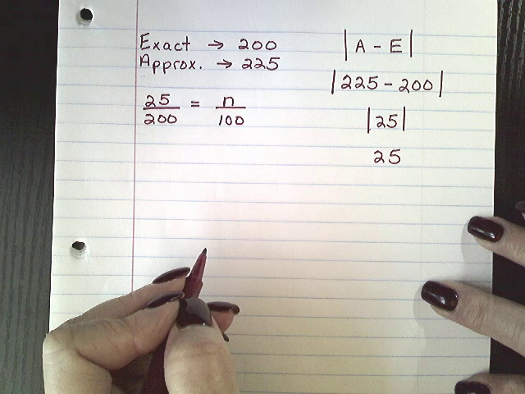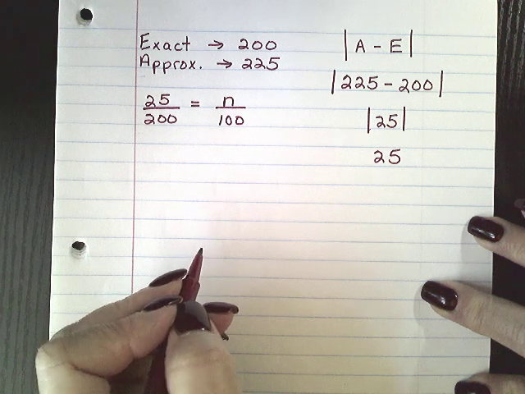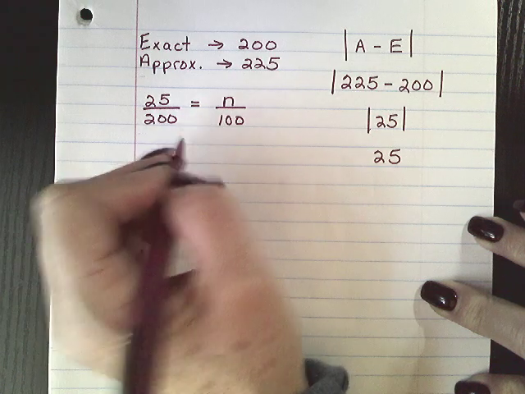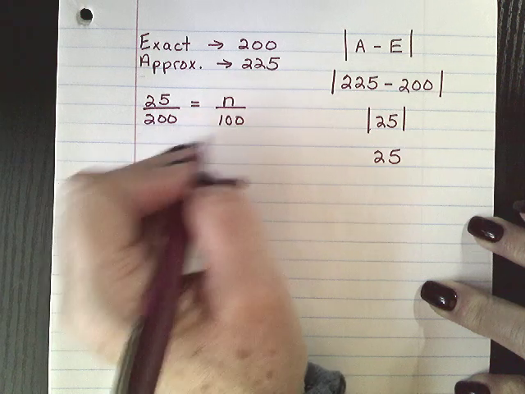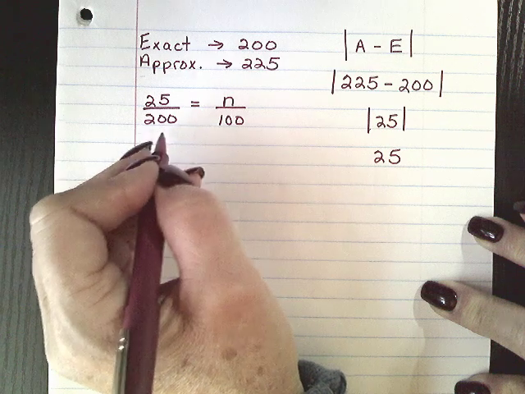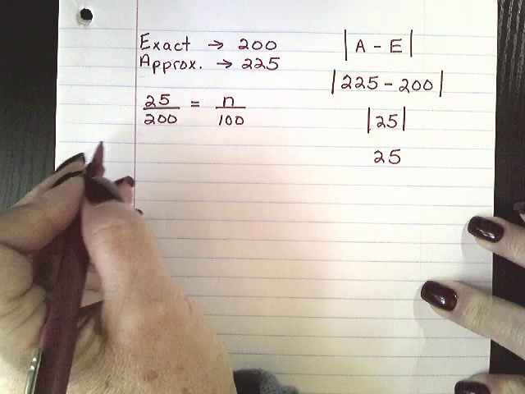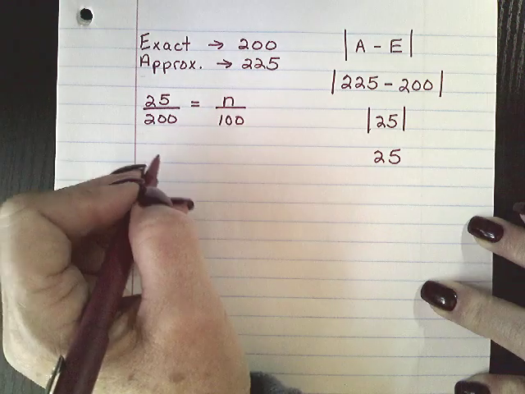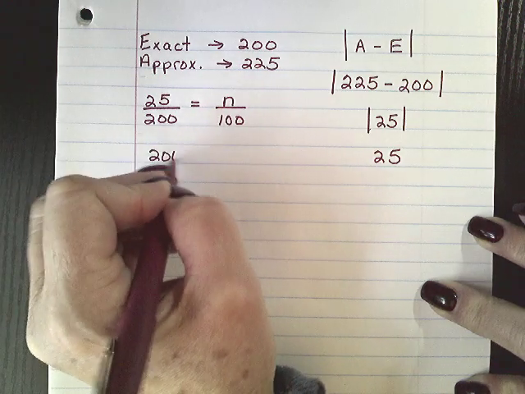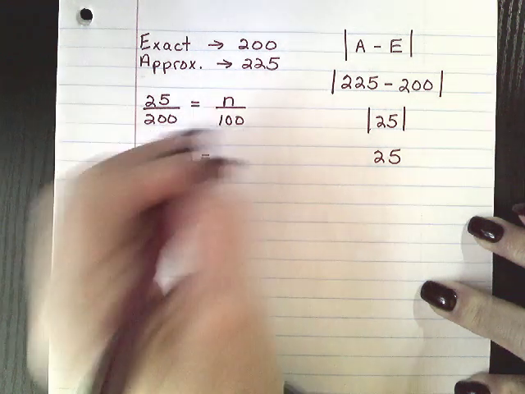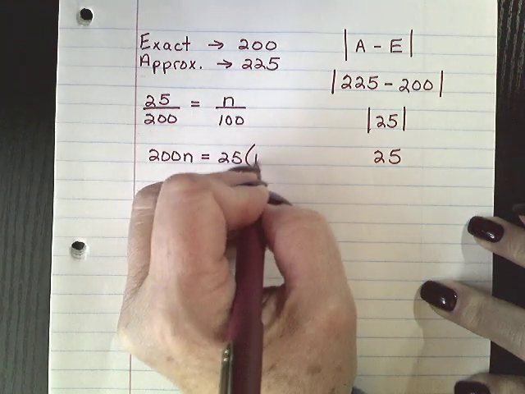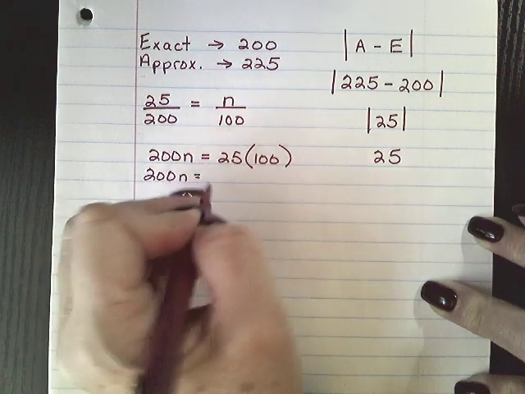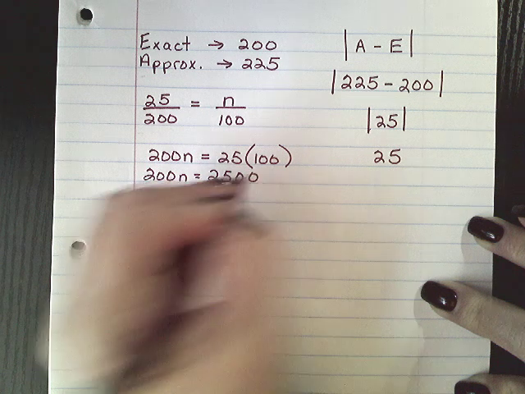Okay? Now I know that I can't really go this way, but I probably could simplify, but instead I'm going to go ahead and do my cross multiplying. So I'm going to have 200n is going to equal 25 times 100. 200n equals 2500.